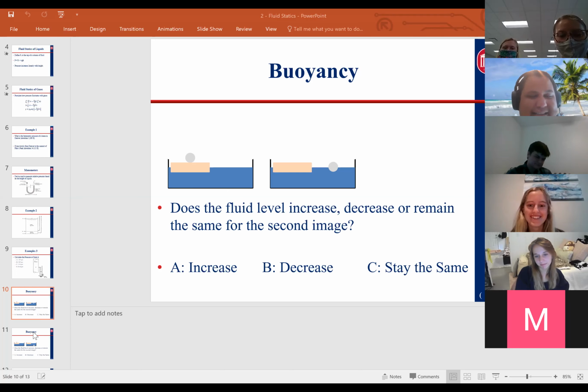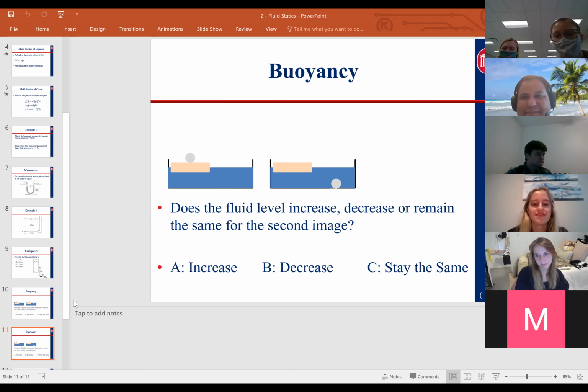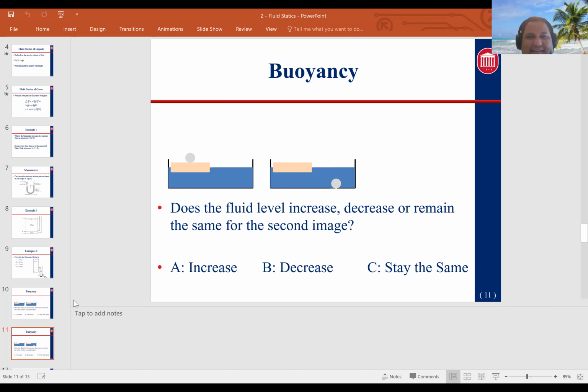All right, the next question. This is the trickier one. Now we're looking at the same situation, but in this case, instead of floating, the raft sinks to the bottom of the tank.